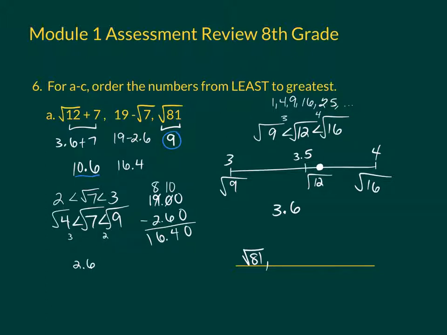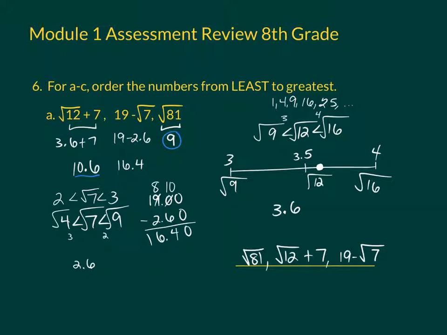But again, we're not going to write 10.6. We're going to write the number that was given, which is square root of 12 plus 7. And that means our last number is the 16.4, which again, you have to write the original number, which is 19 minus the square root of 7. So that is in order from least to greatest.